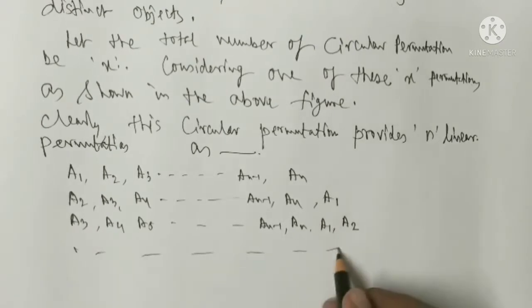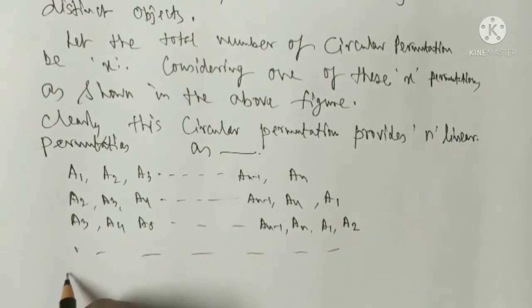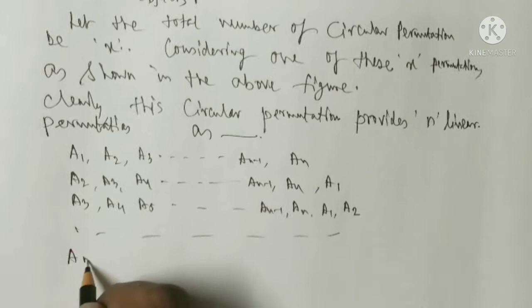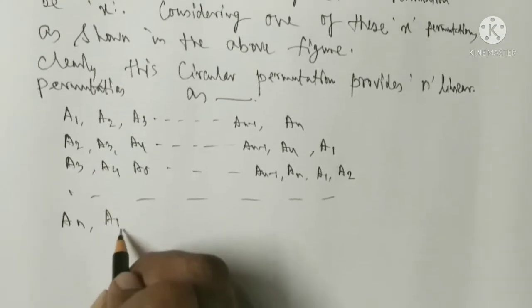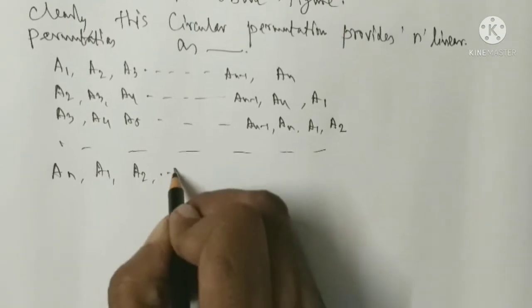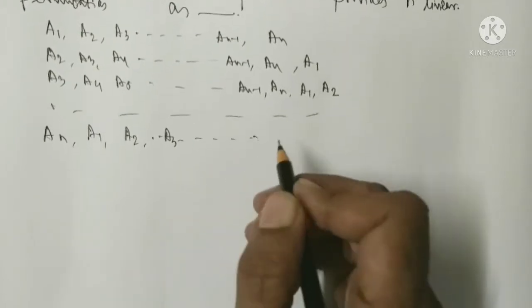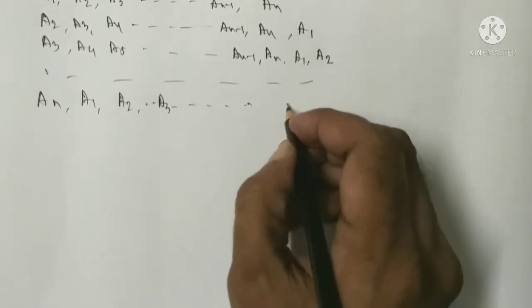In this way, we can set An, A1, A2, A3 and so on. Last part will be An minus 1. All these are linear permutations, starting from one part and ending in another part.